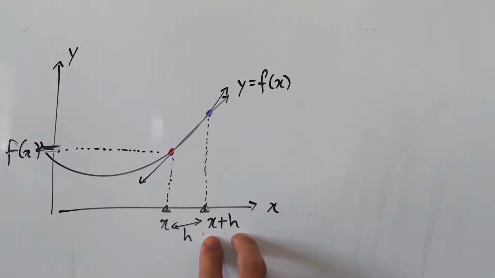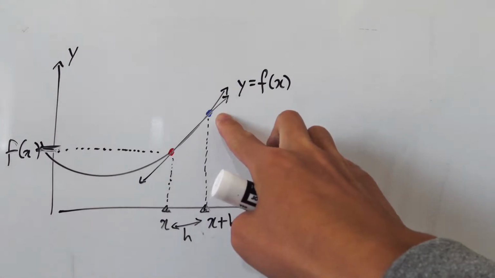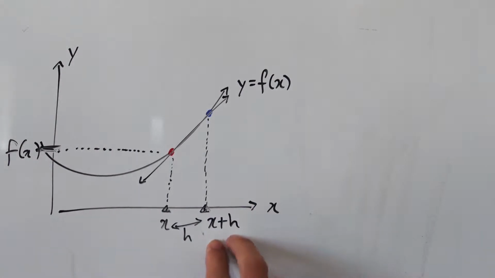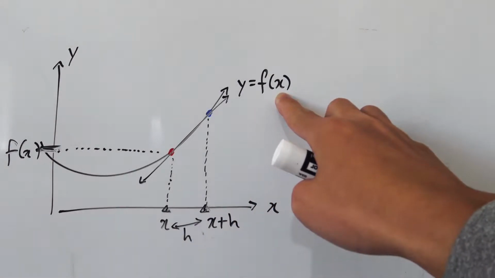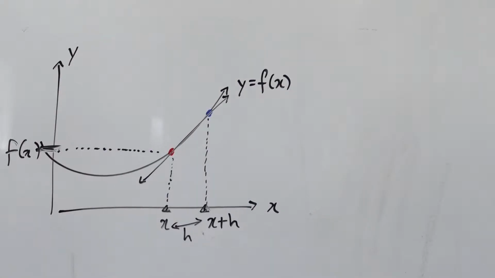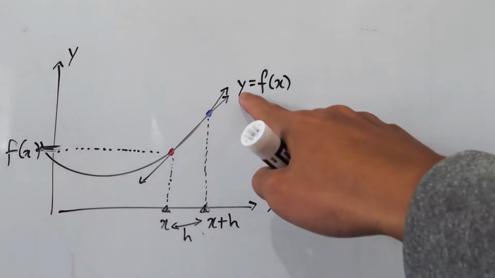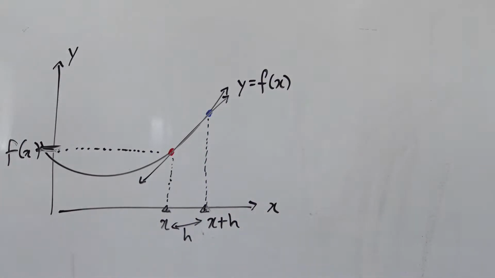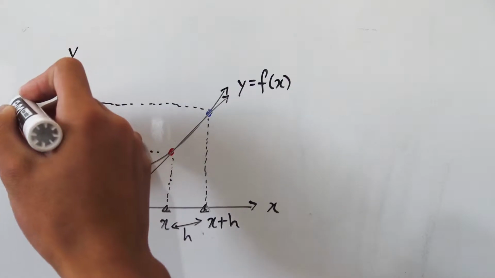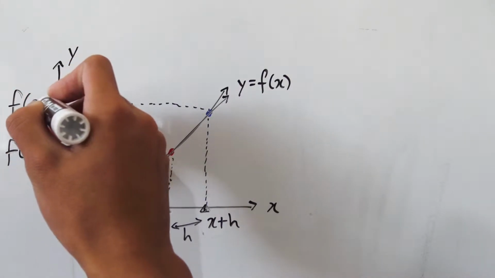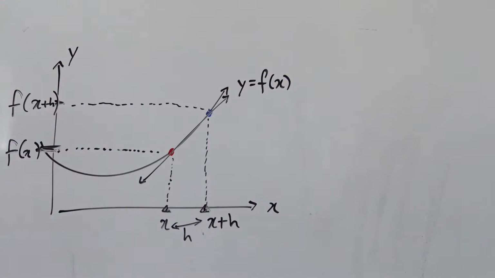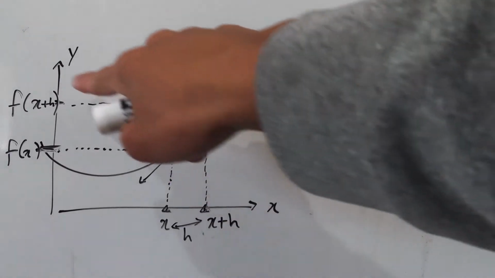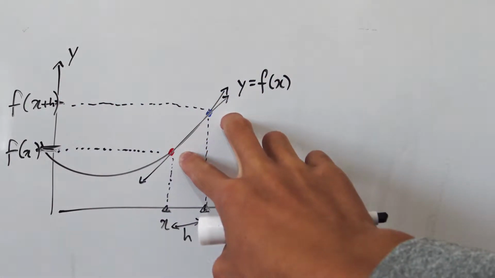If we plug this into our function, we get f of x plus h. That means the y value of this point is f of x plus h. So now we have the x and y coordinates of these 2 points.